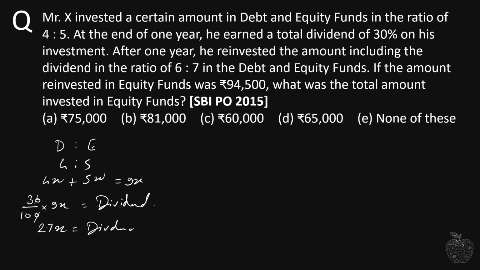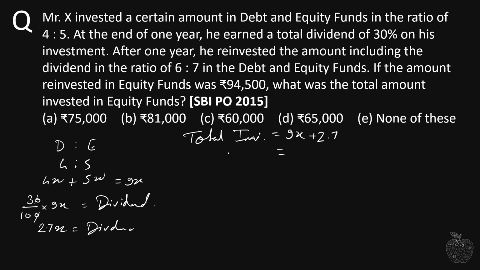Now after 1 year, he reinvests the amount including the dividend in the ratio 6:7 in debt and equity funds. After 1 year, he reinvests his dividend, so his total investment becomes: he earlier invested 9x and he reinvested his dividend, which is 2.7x.